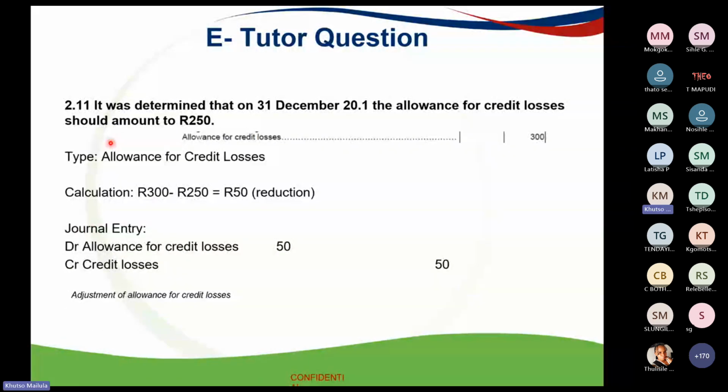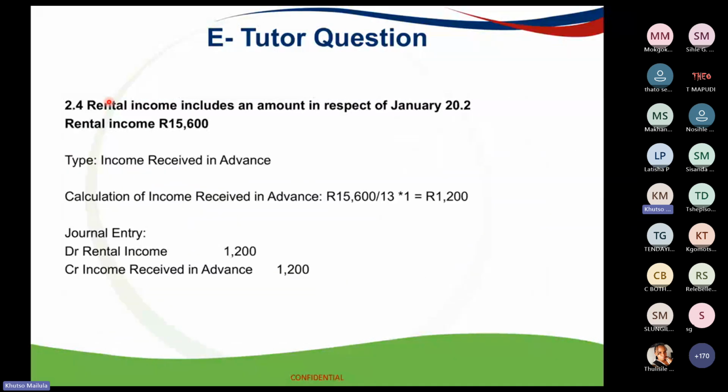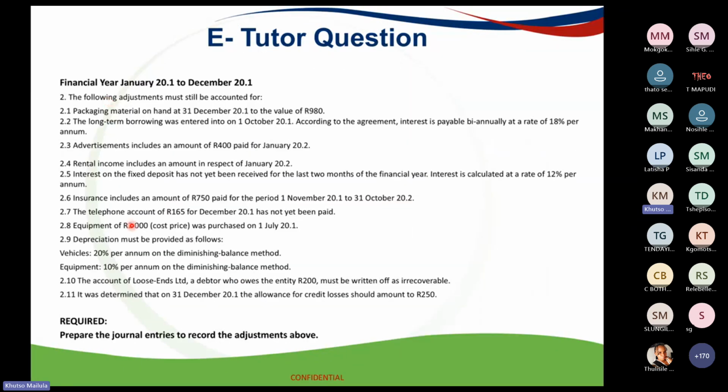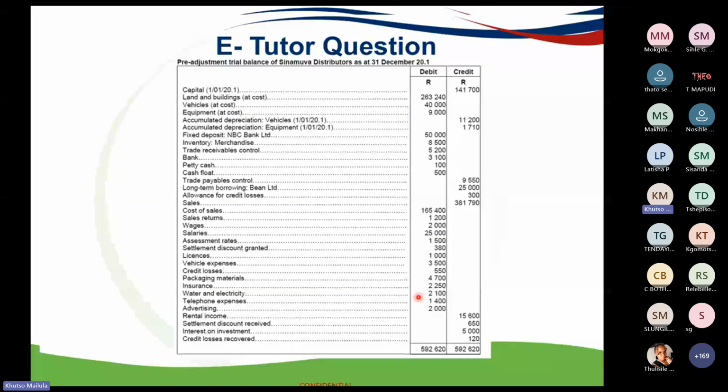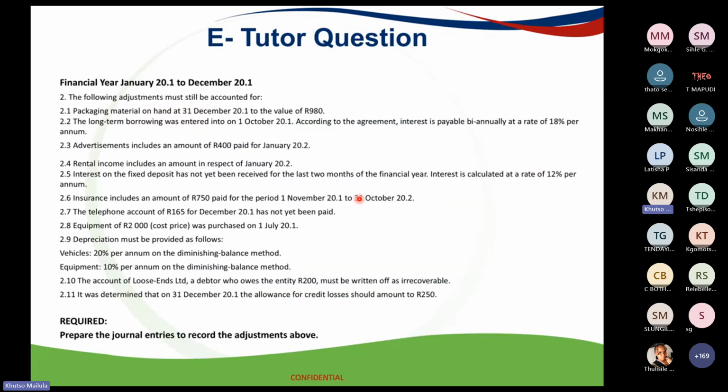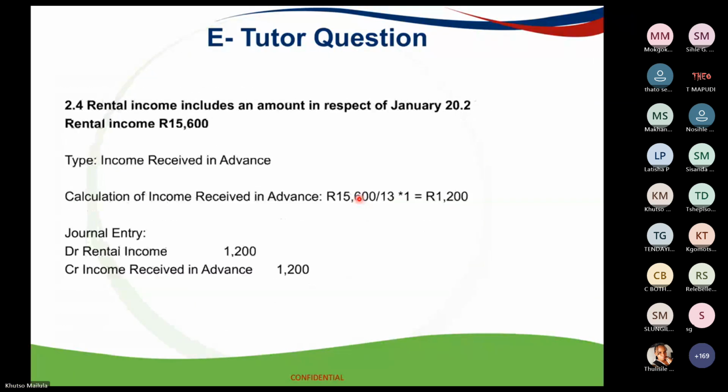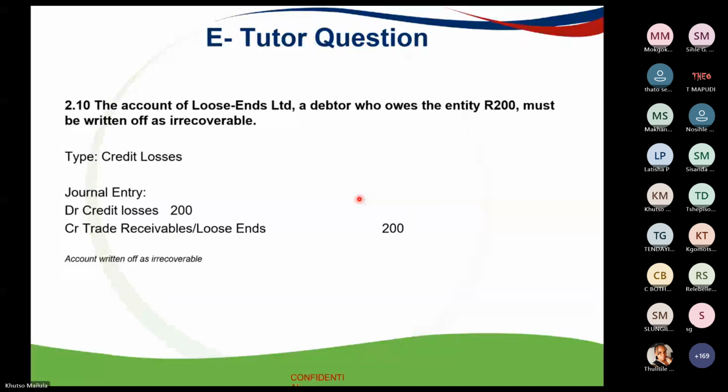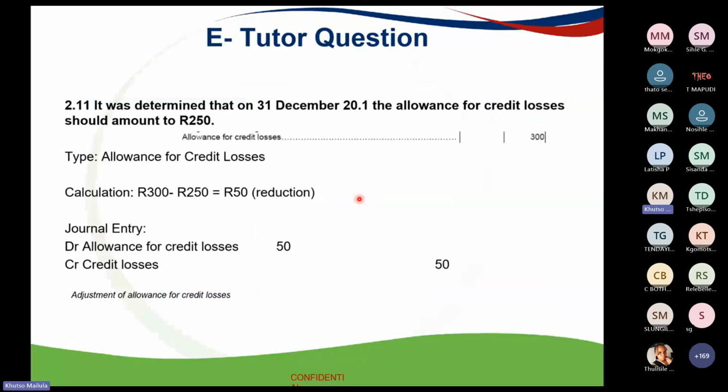So with 11, the question said it was determined that on 31 December, the allowance for credit loss should amount to 250. What we are saying is that the pre-adjustment trial balance as at 31 December was 300 Rand, but when they reviewed it, it was supposed to be 250.